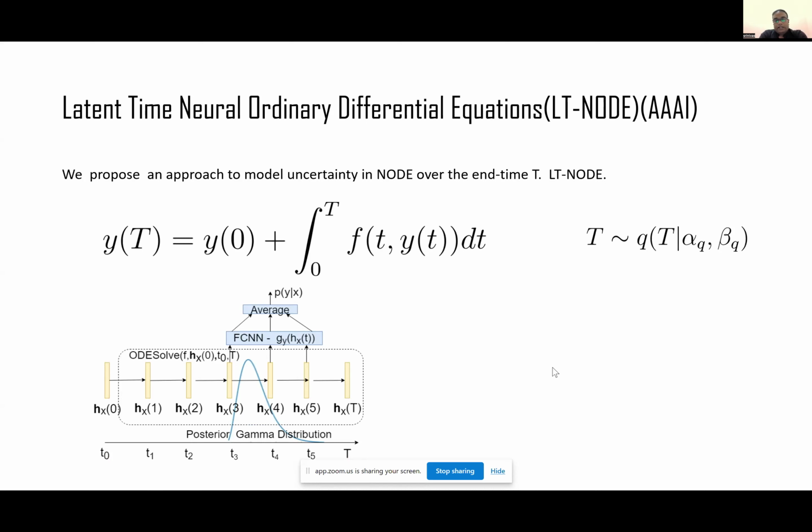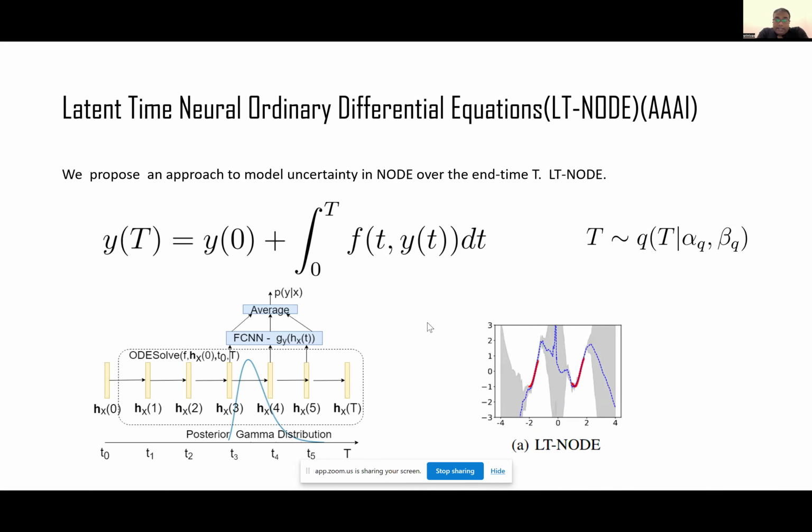During inference, this is our learned distribution. Let's say we took gamma as the distribution, and these are the n times which are sampled from the distribution, and we use the average and standard deviation of the computed final predictions.